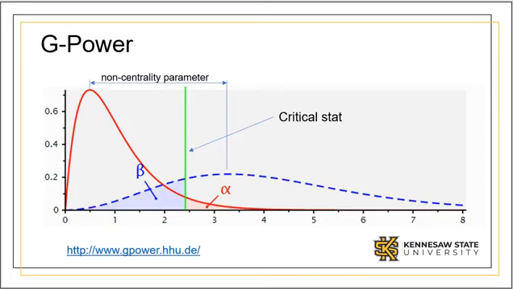Note that the non-central distribution is optimized when the area to the left of a critical statistic based on alpha under the original distribution, the red curve, reaches beta. Recall that power is 1 minus beta. The sample size can then be determined from the non-centrality parameter, in other words, the peak-to-peak distance between the two distributions.